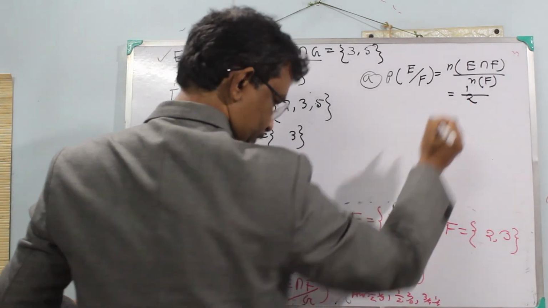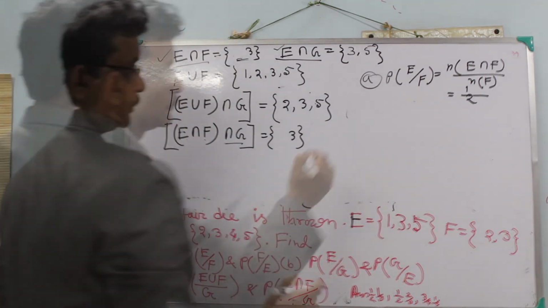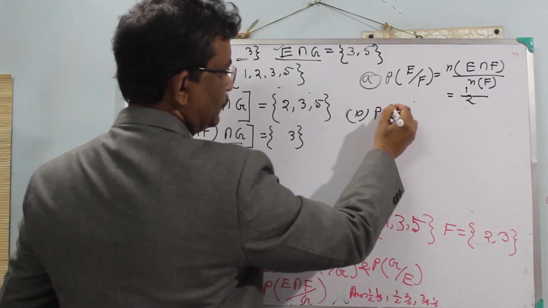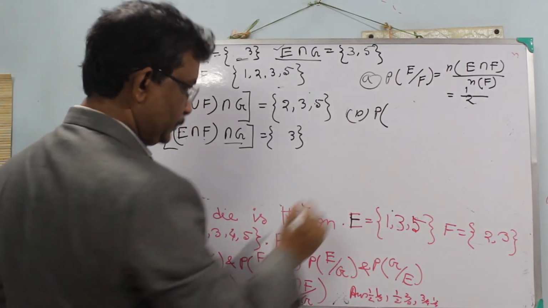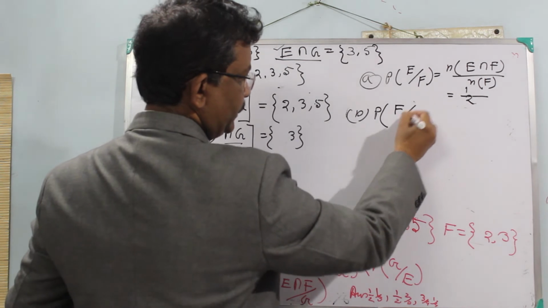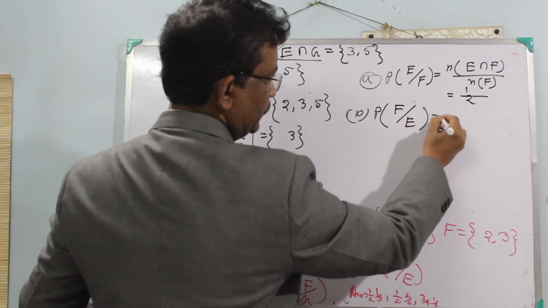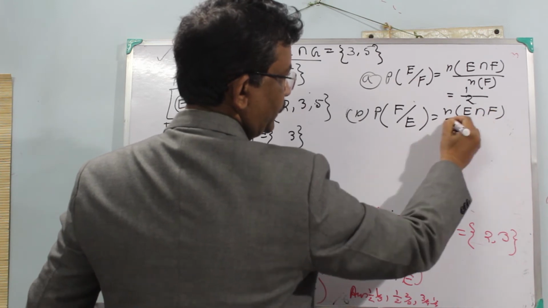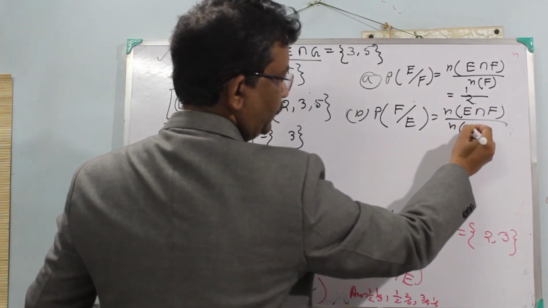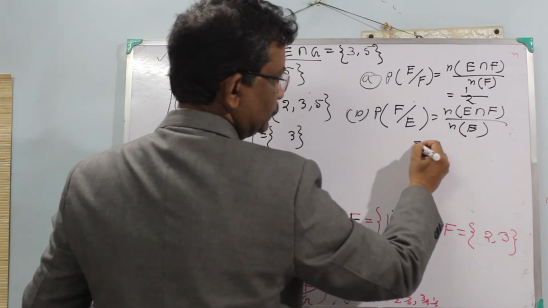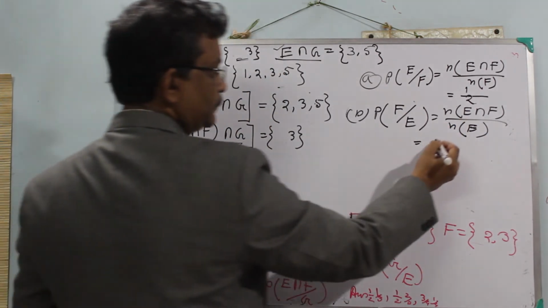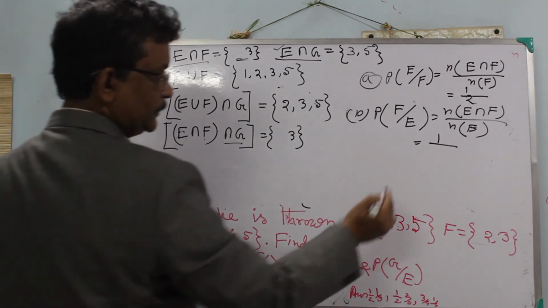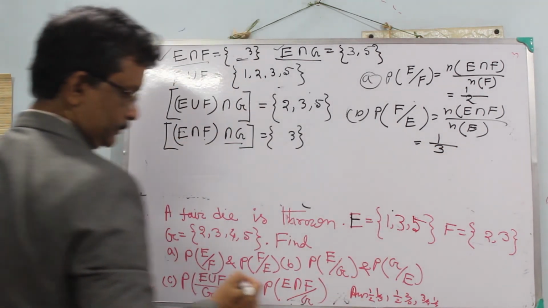So the probability is half. Now B: probability of F when E has occurred equals the probability of E intersection F over the probability of E. The intersection is 1 and the number of elements of E is 3. So 1/3 is the answer.